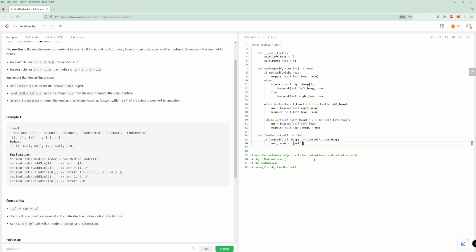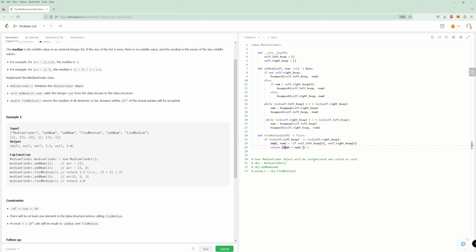So actually this is self.left heap[0], with a negative. Remember, to get the top value in the heap, you just do heap[0]. We aren't actually popping them, we just need the values. And the other one is going to be self.right heap[0]. Now we just return (num1 + num2) / 2. We put that in parens, and that'll give us the average.